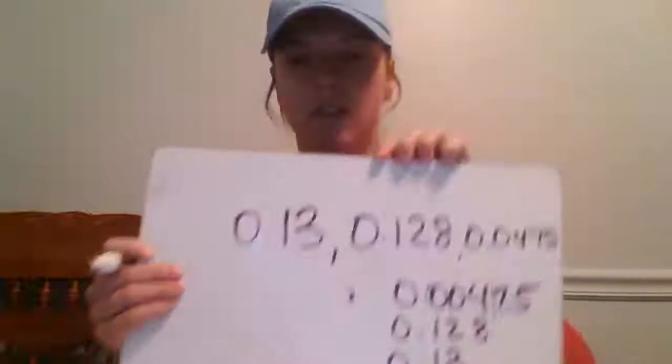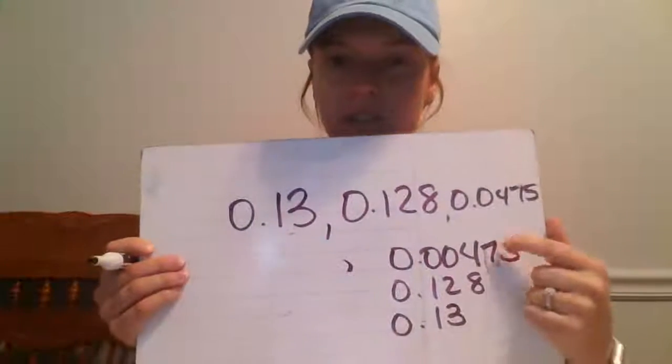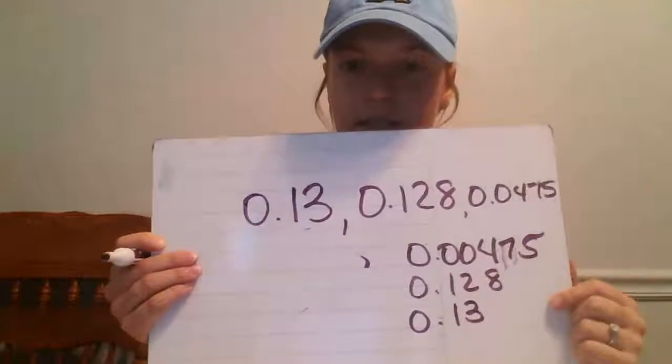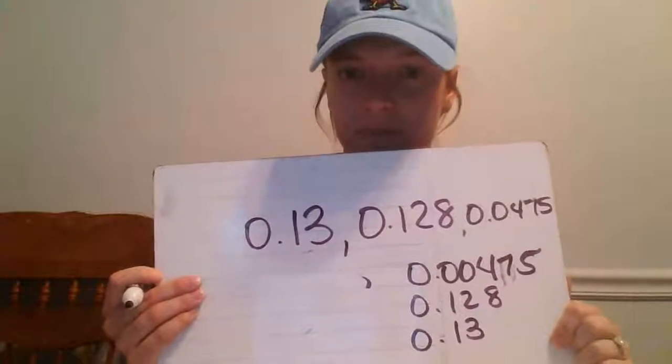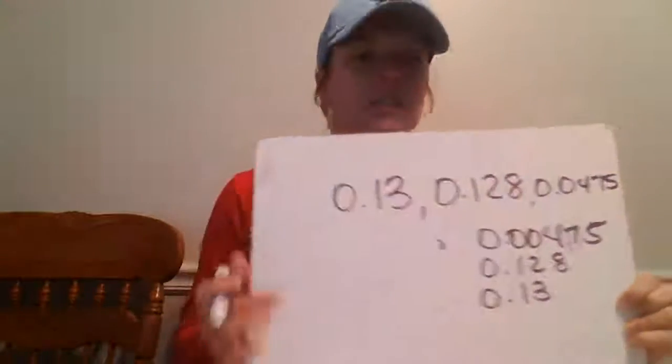Then if we look, 0.128 goes out further, and then we have 0.13. So if we look at this, it's going to go from 0.00475, 0.128, and then 0.13. Okay, does that make sense to everybody? I hope so. Make sure you line your decimal points up. The further out the decimal point goes, the smaller the number is going to be.